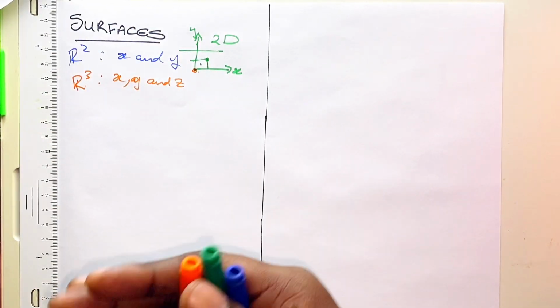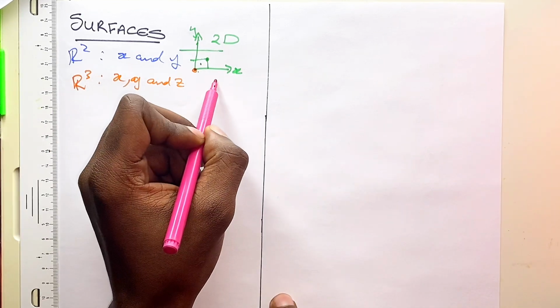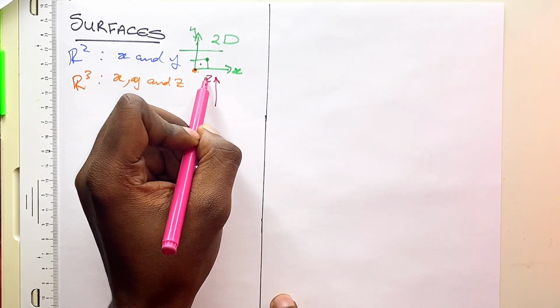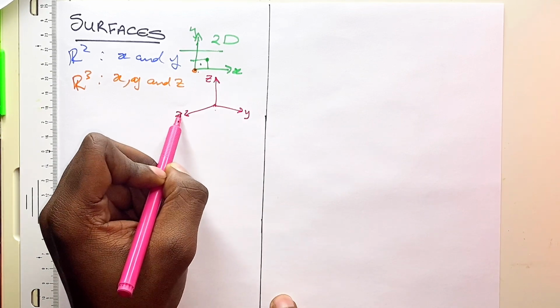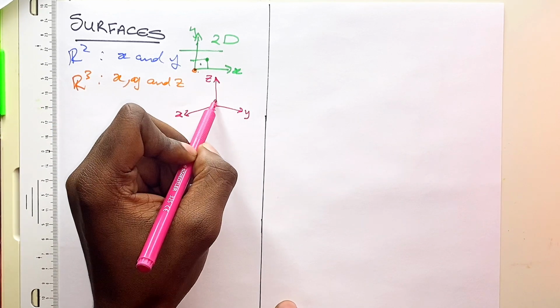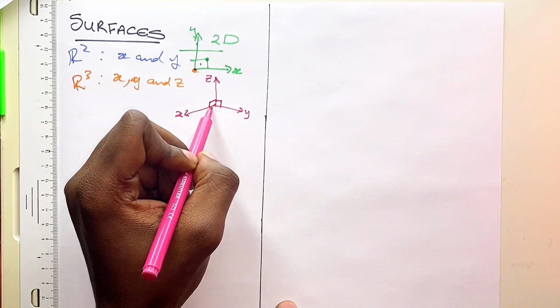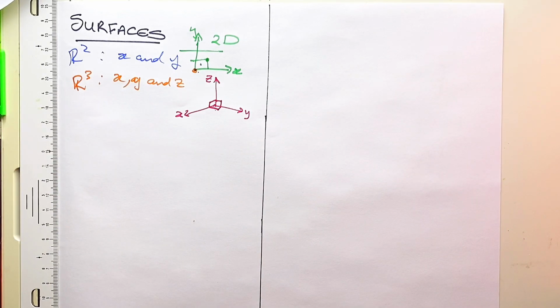So we can draw it like this so that you can see it. We'll have z there, and then we'll have y here, and we'll have x here, and they will always be 90 degrees to each other, meaning that they are normal to one another.